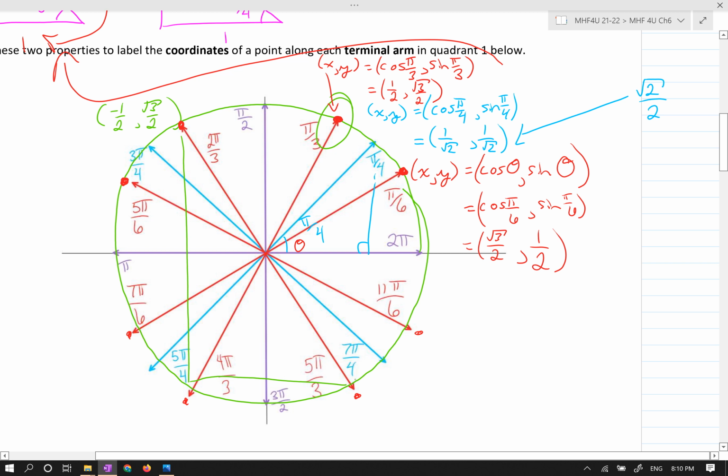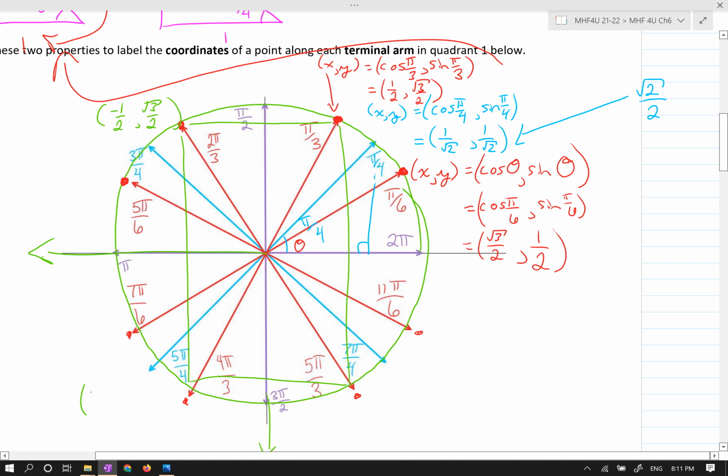In fact, these 4 points right here will share the same coordinates with different signs. We notice as we work into quadrant 3 right here, we're expecting both our x coordinates and our y coordinates to be negative because in this quadrant, we're working to the left side of our y-axis, so our x coordinate is negative, and we're working below our x-axis, so our y coordinate is negative.